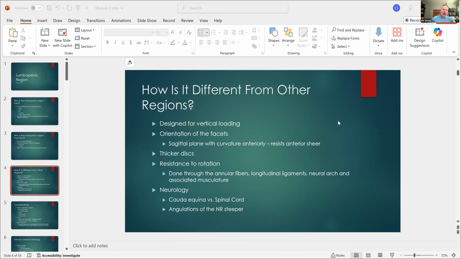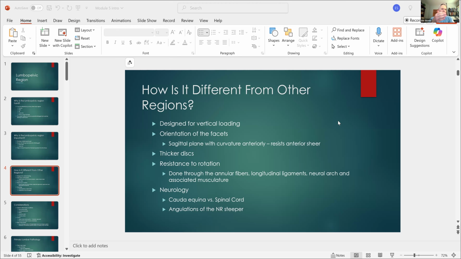All right. So how does this differ from other regions of the body? I mean, most of this is going to come into the functional anatomy stuff. But the lumbar segments in general, they're designed for vertical loading, right? They are designed to take compressive forces and do so in an effective manner.